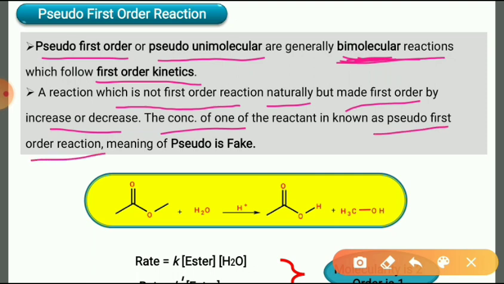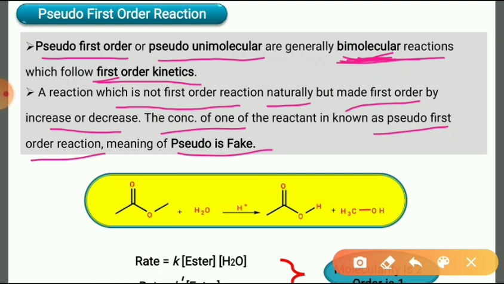Here the meaning of pseudo is nothing but fake, or you can say false. Because if you see, two molecules are taking part in the reaction, but the order depends upon only one. That's why it is a fake first order reaction or false first order reaction, the pseudo first order reaction.